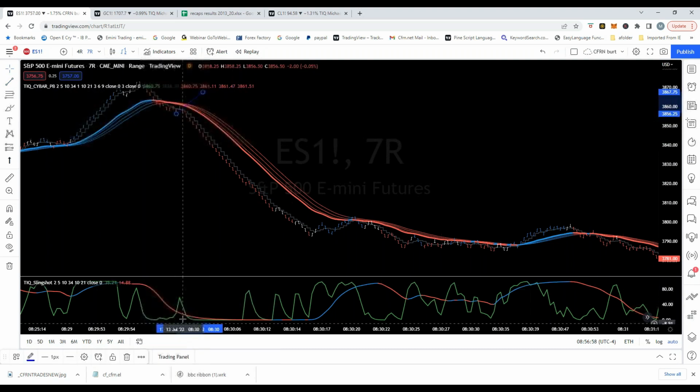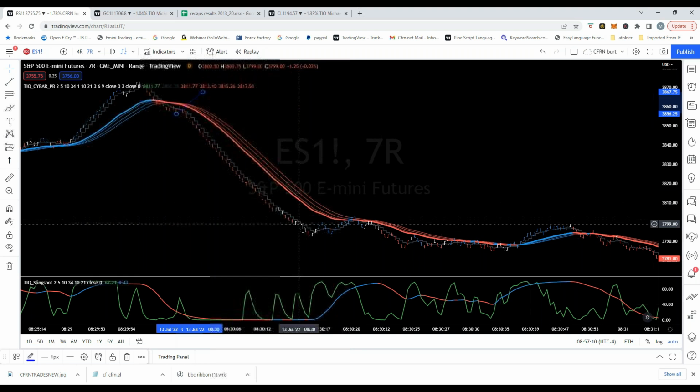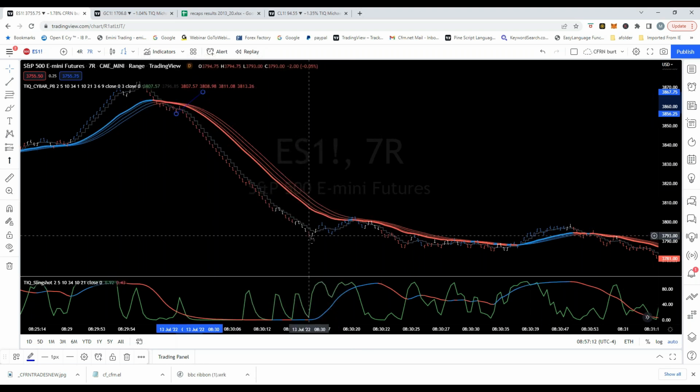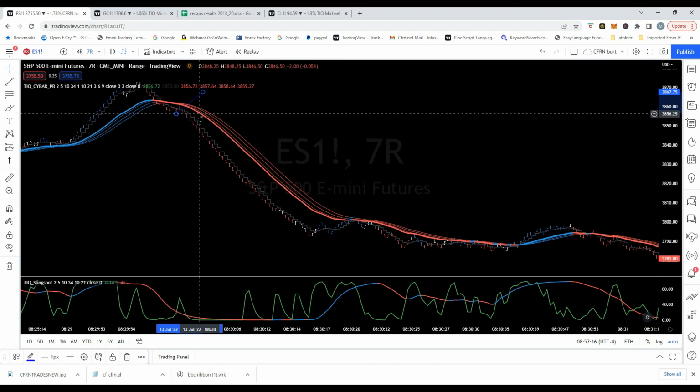The bars were all red, cycle was red, everything was saying it was going to go short. You had bearish separation down here in the slingshot, closed below the trend line. You could have entered right here at 38.57, and this is at 8:30, at exactly 8:30, and this is still 8:30, and it dropped from all the way up here at 57.